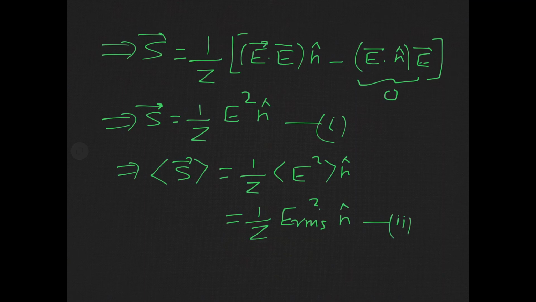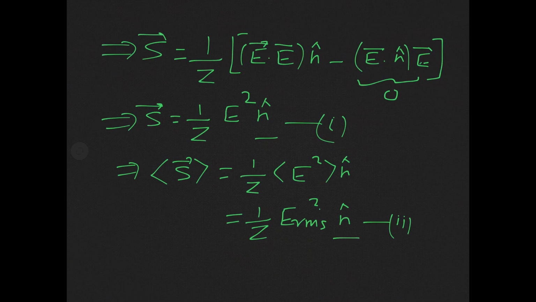So from these two results, we are seeing that as the wave is propagating, the Poynting vector is directed in the direction of wave vector, that is in the direction of unit vector n hat, and n hat is along k. So you can say the direction of flow of energy is the direction in which the wave propagates, and the Poynting vector in this case is in fact n over mu r times the Poynting vector if the same wave propagates through the free space.